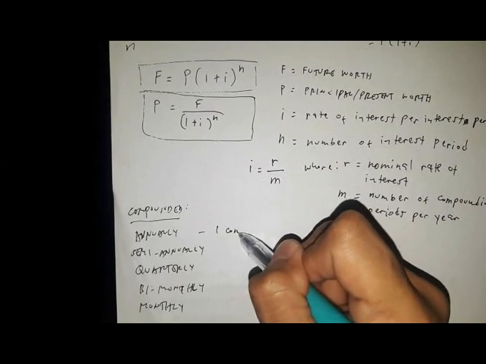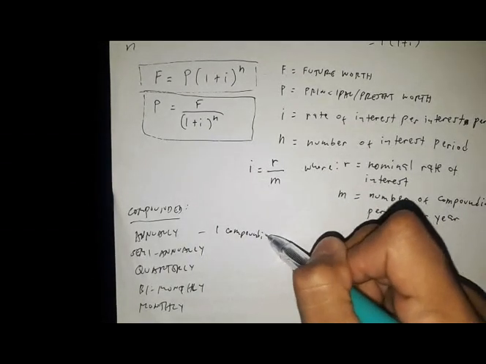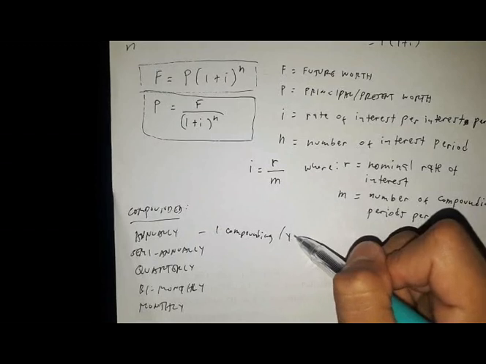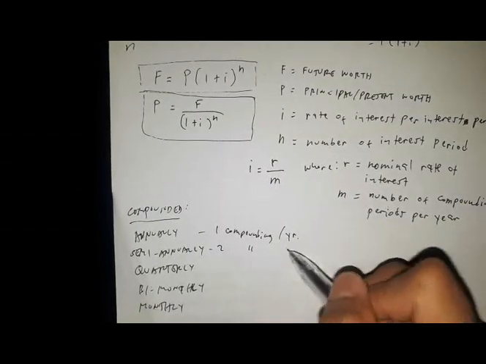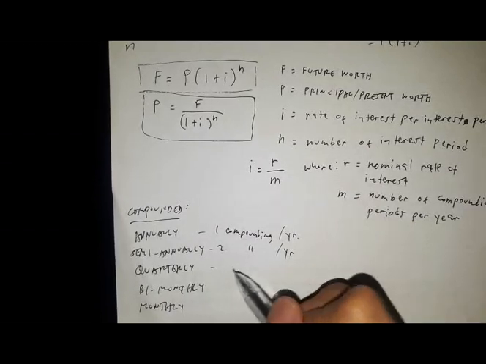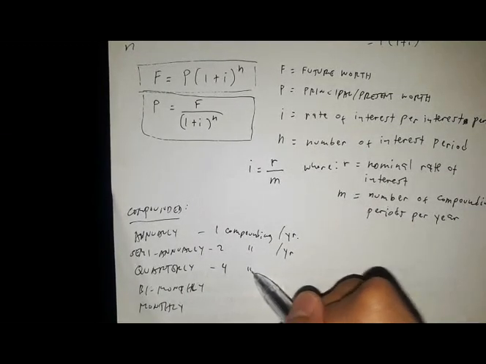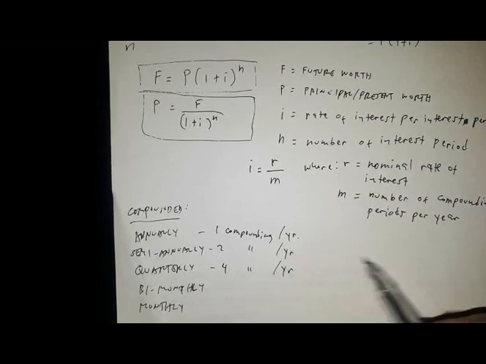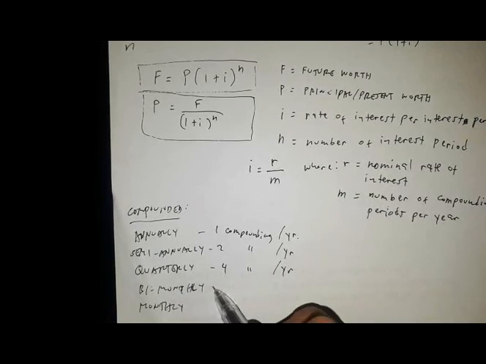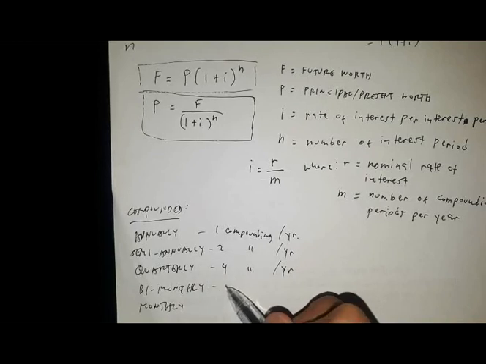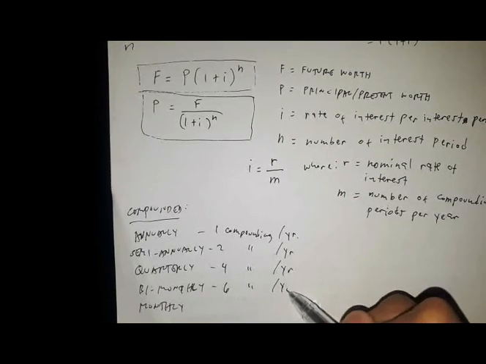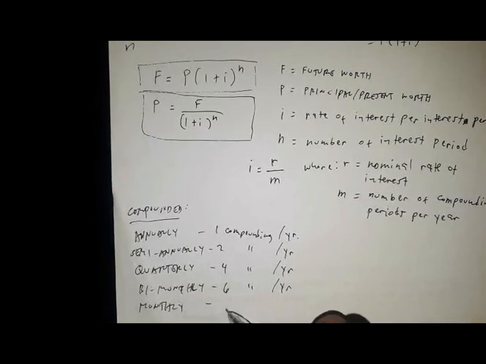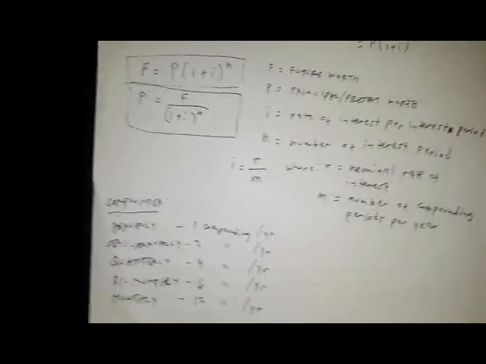So annually, one compounding per year. Semi-annually, we have 2 compoundings a year. For quarterly, we have 4 compoundings per year, so this is compounded every 3 months. Bi-monthly is every 2 months, so we have 6 compoundings per year. Then monthly is every month, so we have 12 compounding periods per year.